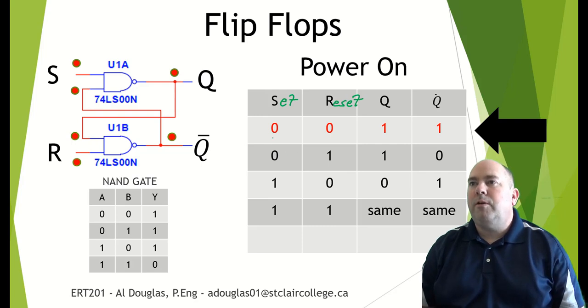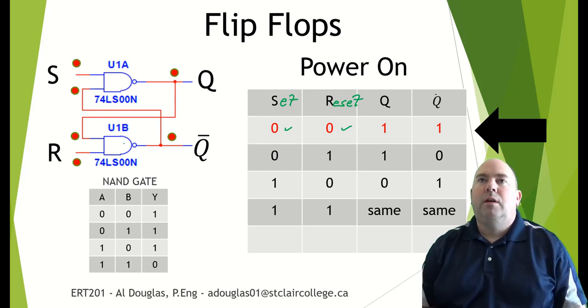When we first start out, we have a 0 here and a 0 here because we haven't turned any of our switches yet. So if we have S is a 0 and R is a 0, everything else in the initial state will be a 0.